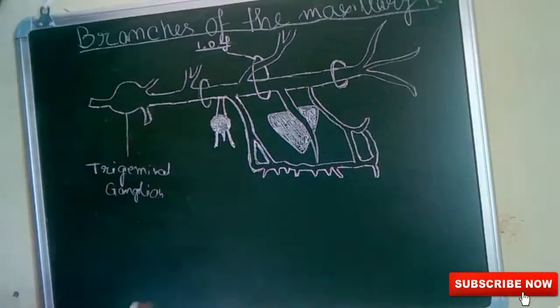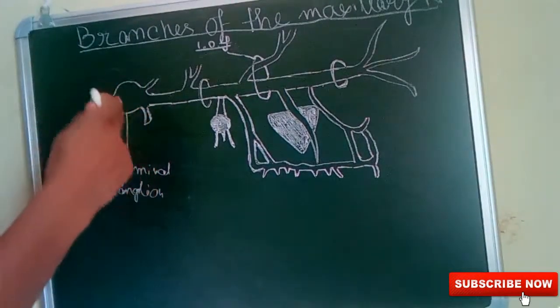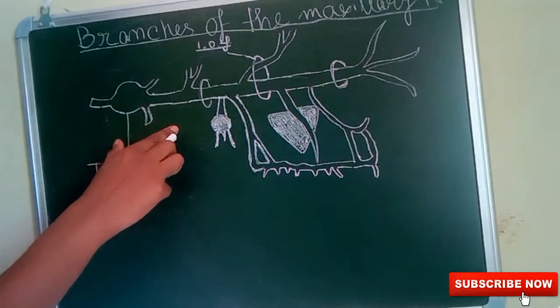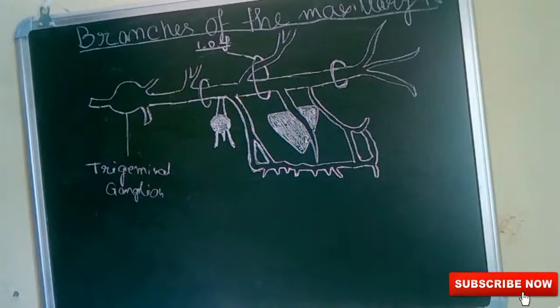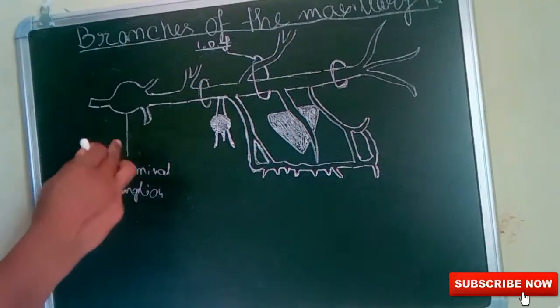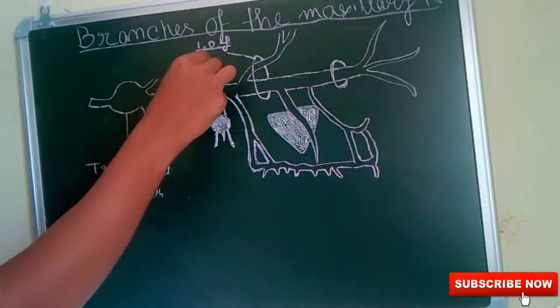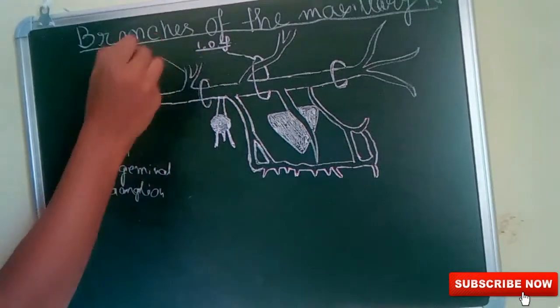It gives different branches in different parts. First, in the middle cranial fossa, it gives a branch, number one, the meningeal branch.